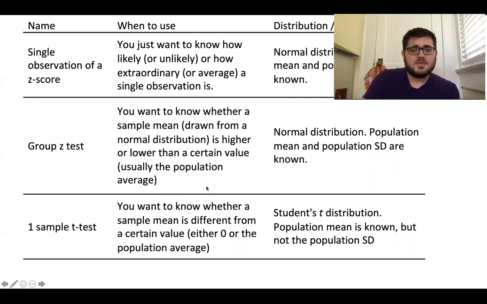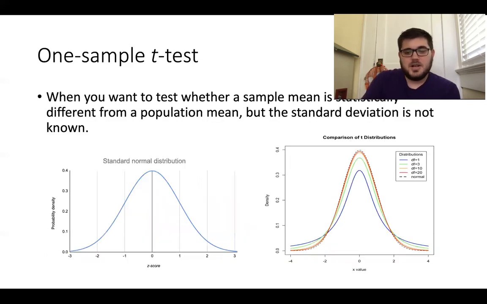For a one sample t-test, let's say you want to know whether male honors students are shorter than non-honors male students. You would calculate a sample mean of male heights that are in honors.